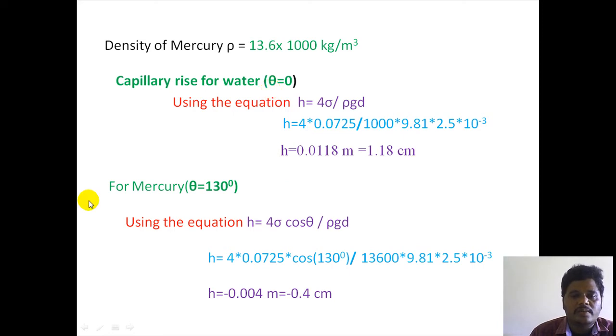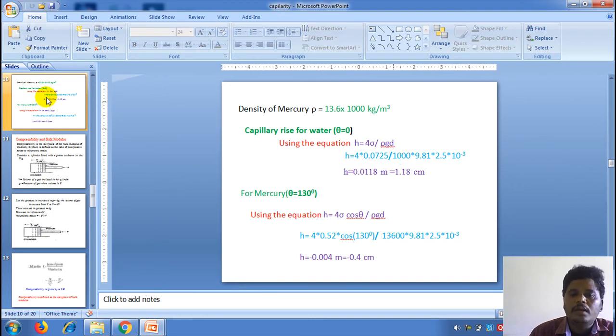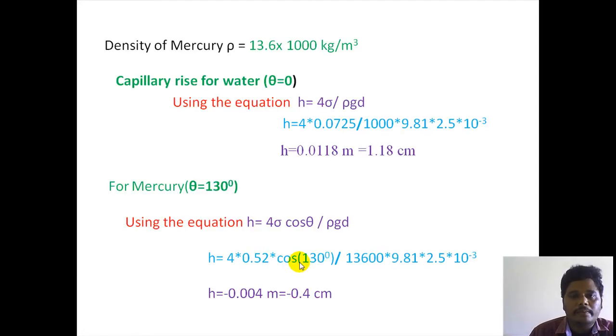Using the equation h is equal to 4 sigma cos theta by rho g d, that is equal to 4 times sigma, which is given as 0.52, times cos 130 degrees, divided by rho 13,600 times 9.81 times d. D is given as 2.5 mm, that is 2.5 into 10 power minus 3 meter.